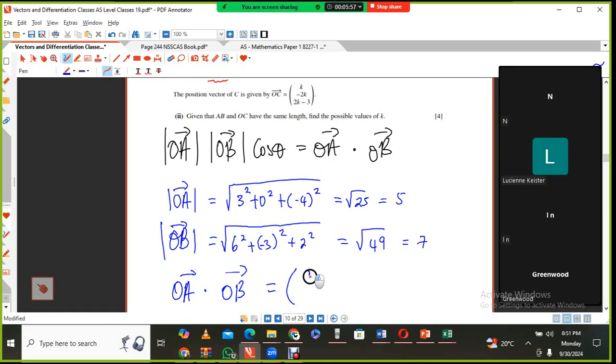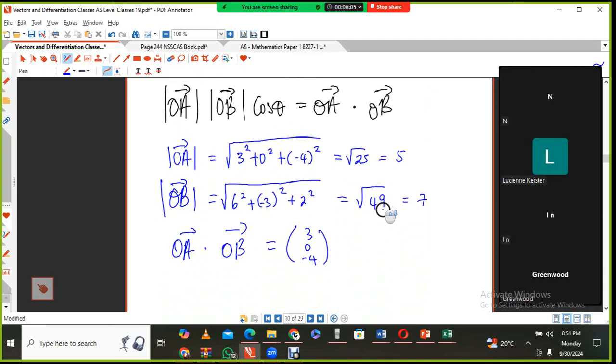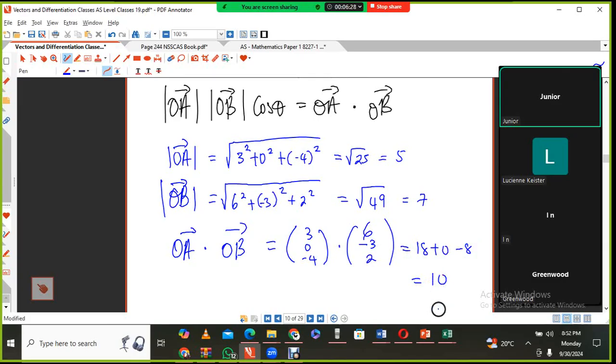So that is (3, 0, -4), which comes from OA up here, dotted with (6, -3, 2). So this is going to be a number, right? 3 times 6 is 18. 0 times that is just 0. And -4 times 2 is -8. And this answer is 10.